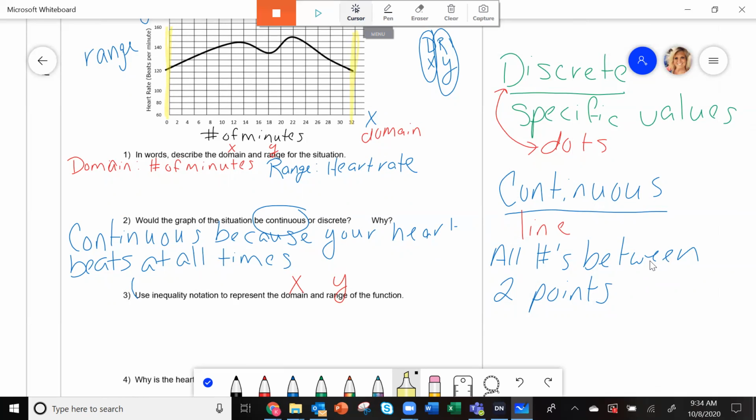And now we have to say, okay, what does it go between? Well, it starts down here at 0 and it goes out here to 32. It's not because of what the grid goes to, but where the actual function is stopping. So you're going to write 0 less than or equal to X less than or equal to 32. This is your domain.